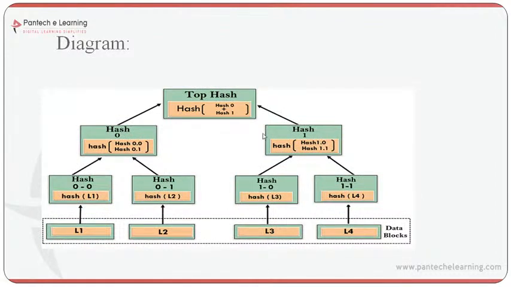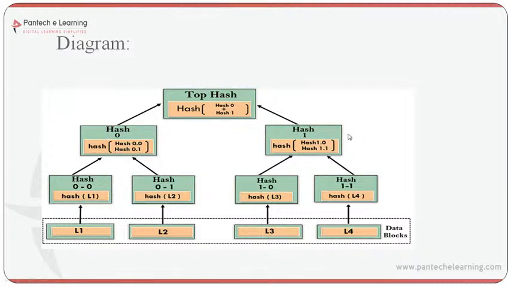Diagrammatically, you can see how a blockchain looks. This is the topmost hash 0 and then hash 1. You can see the different hash values I have. So what is the use of a hashing function? In order to cryptographically store the data, that is for encryption, we use a hashing function. Whatever transactions are happening, everything is stored in the form of blocks and protected cryptographically by employing various hash functions.